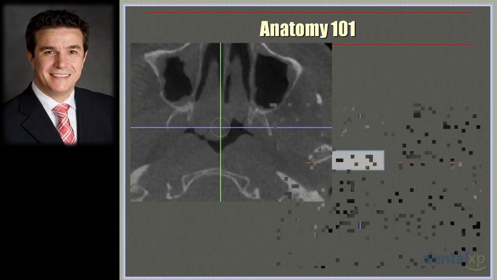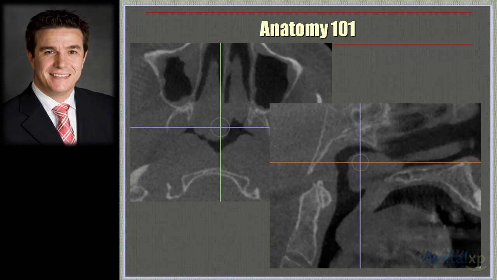If we magnify our image a little more, you can clearly see that this mass has almost completely obliterated the nasopharynx. The patient actually had a hard time sleeping in a supine position because this mass would obscure the airway completely.